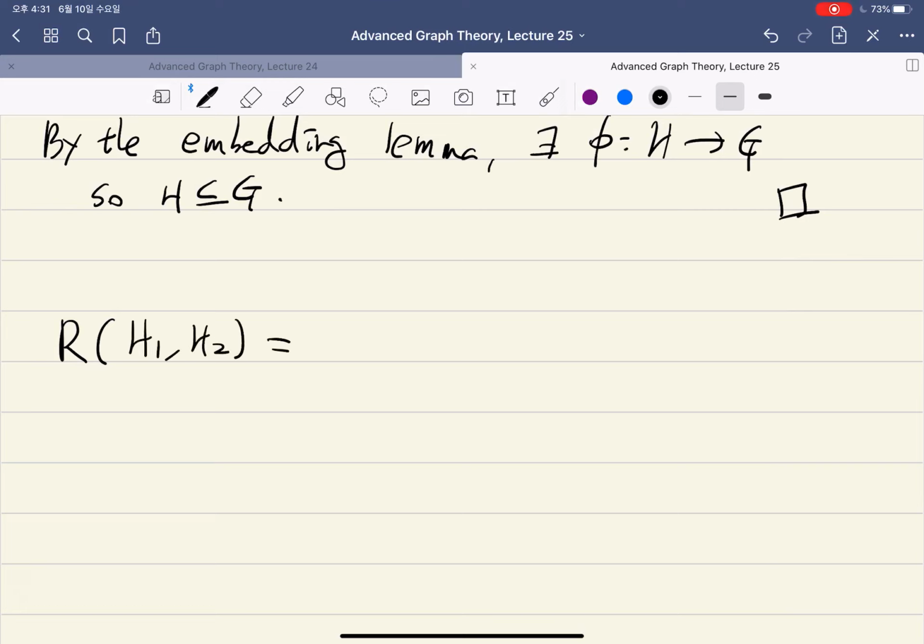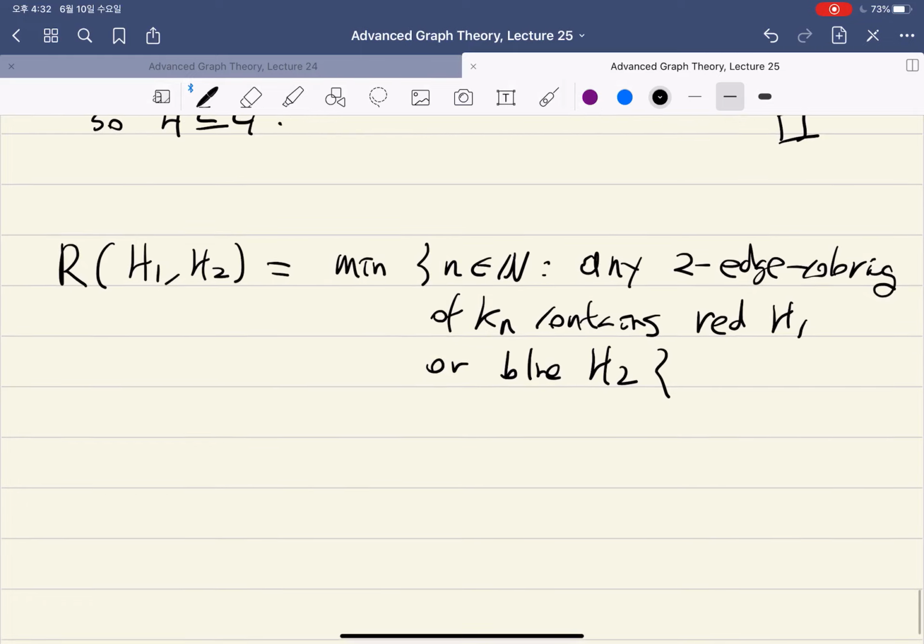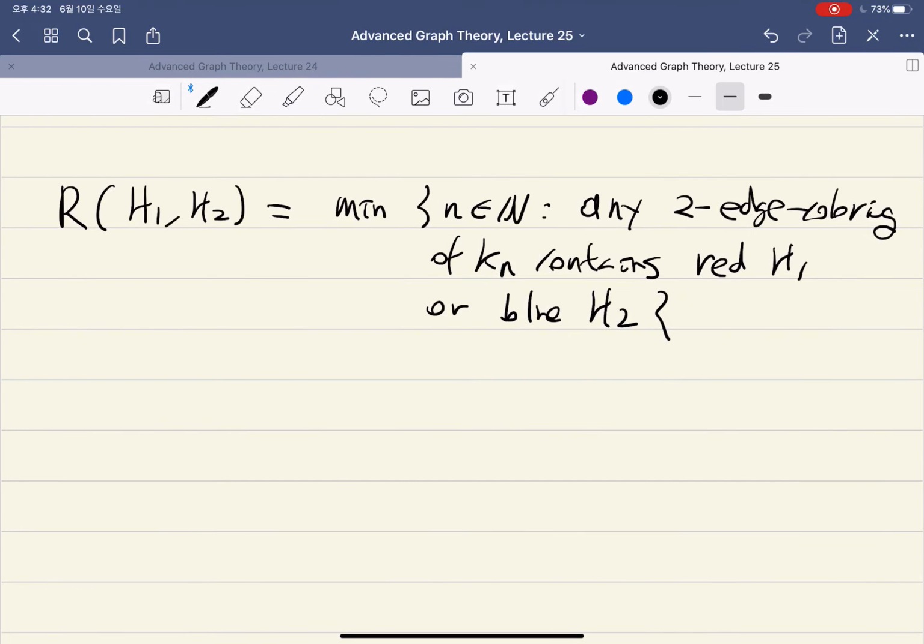This is the minimum number n such that any two-edge-coloring with two colors of K_n contains either a monochromatic copy of H1 in the first color, or a monochromatic copy of H2 in the second color.